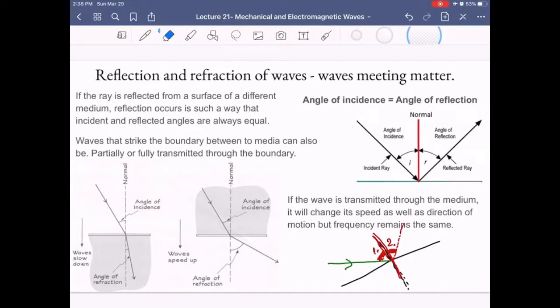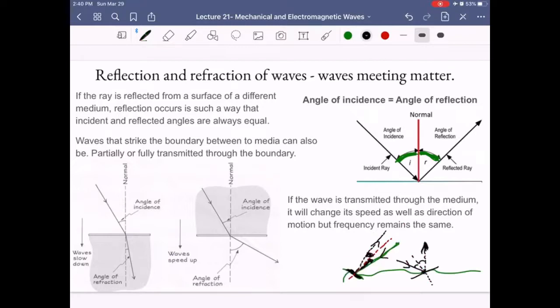And this is what this diagram is representing here as well. This is the angle of incidence, this is the angle of reflection, and those two angles are always equal. We could have air and glass, and we know that glass is transparent to visible light, so some of the light does reflect from the surface, but the rest of the light could go through the surface. Which way would it go?